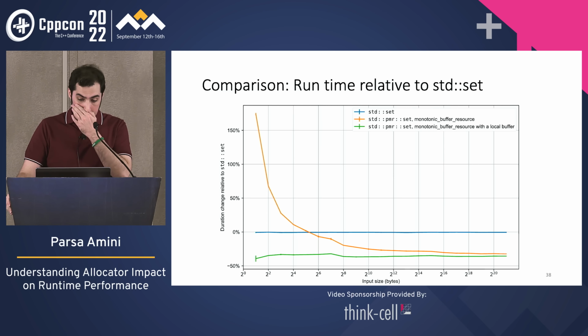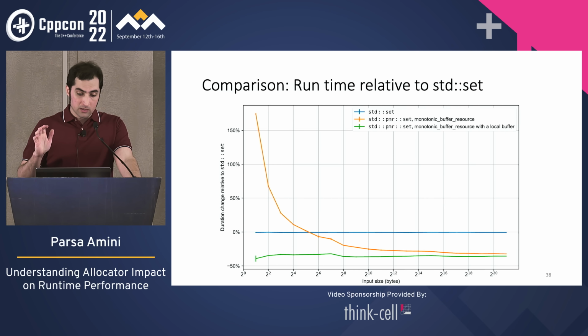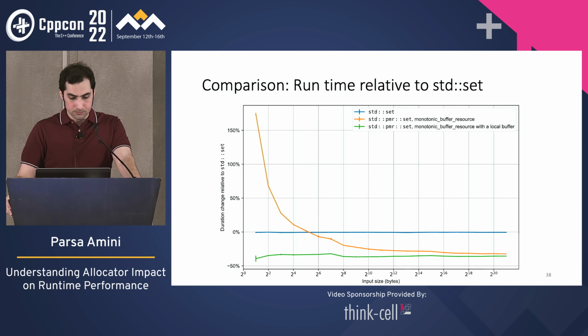And we see that as the size of the std string increases, both the second container and the third container, the ones with the monotonic buffer resource and the local buffer, tend to perform better, except the second container with a monotonic buffer resource does initially perform worse when it tries to allocate because it's trying to initialize its own internal state, and that overtakes the actual time it has to spend on doing the counting of the unit characters.